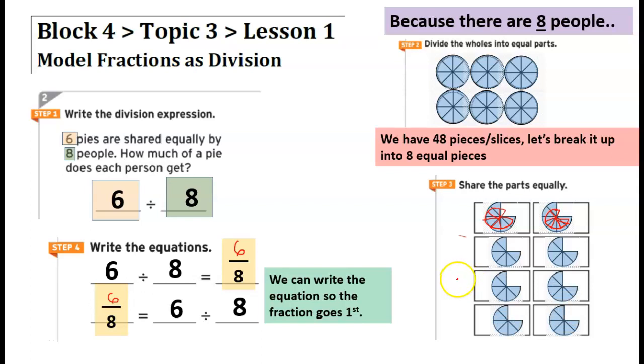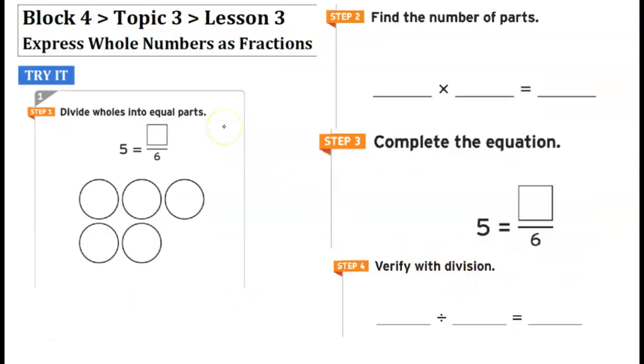All right, so this is a new lesson for topic 3. It's lesson 3, expressing whole numbers as fractions. So it says divide whole parts into equal parts, and you're given a fraction. So we're given 5 equals blank divided by 6. So what we'll do is there's 5 whole parts.